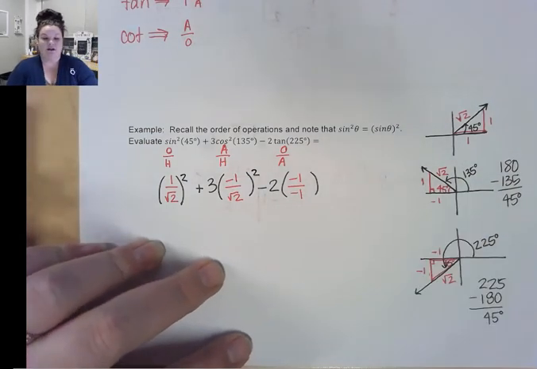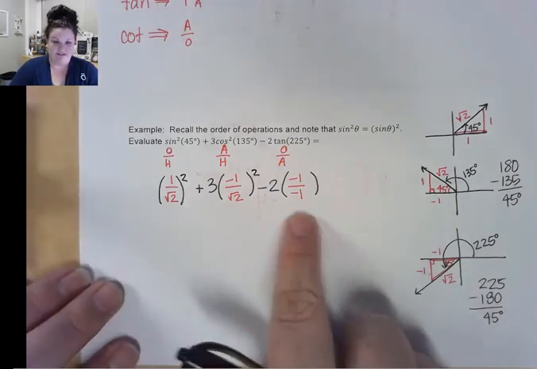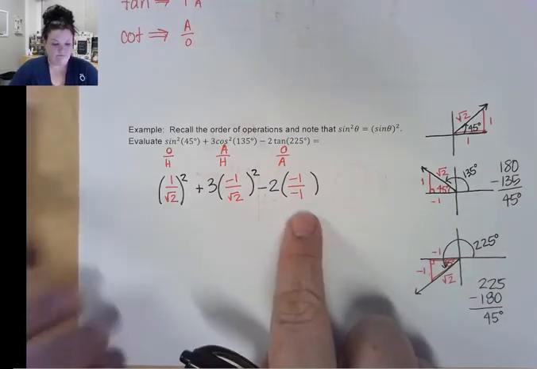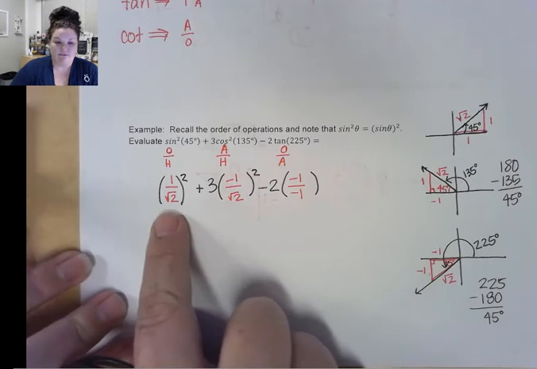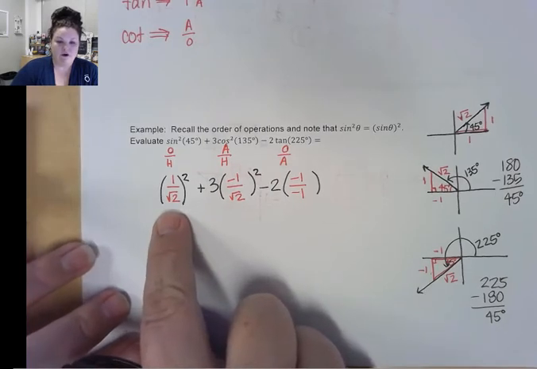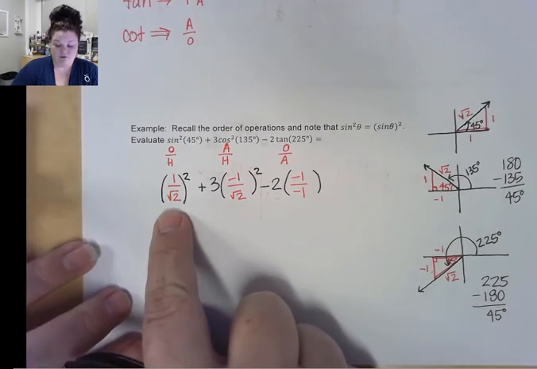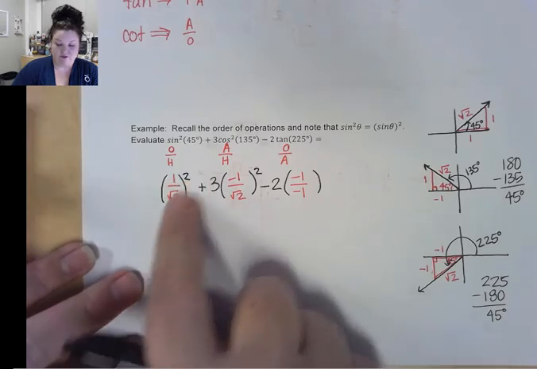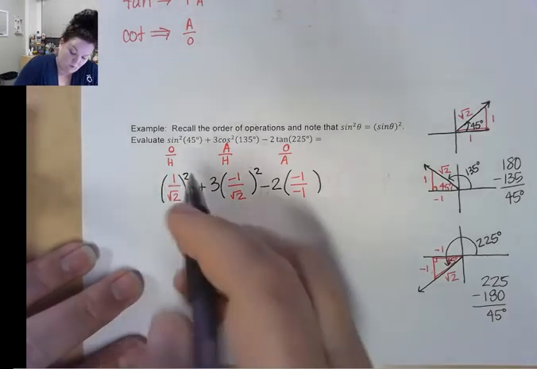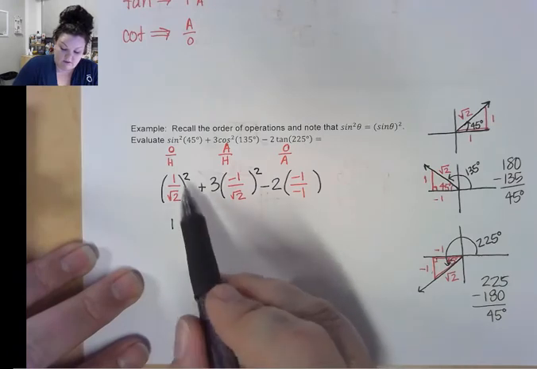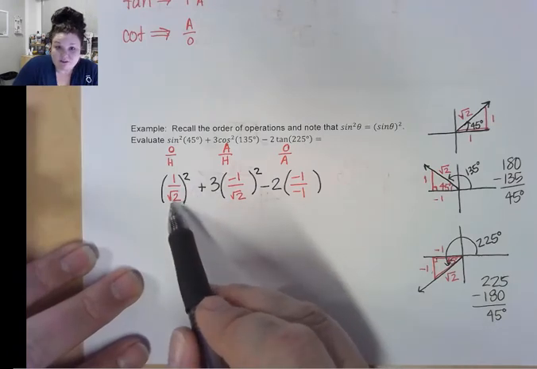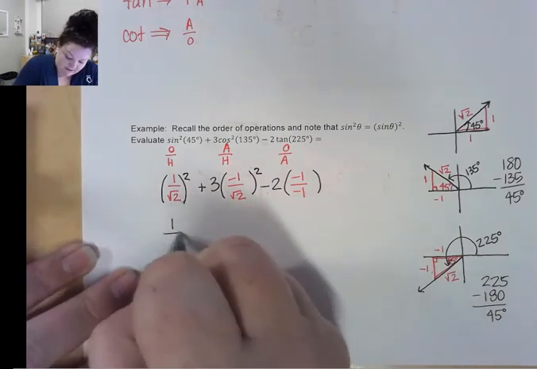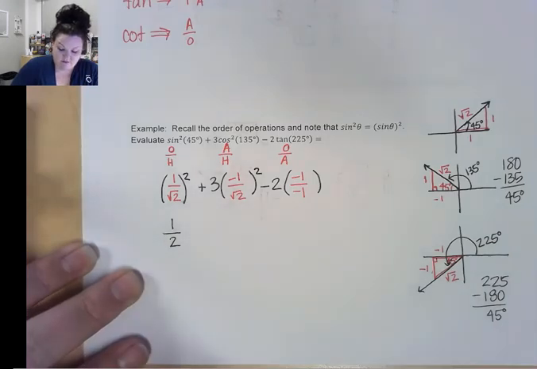Okay. So now that I've got it all filled in, I just have to simplify this. Excuse me. So I'm going to square 1 over square root of 2. Now, when you square a fraction, you square the top and you square the bottom. So when I square 1, I still get 1. When I square a square root, that cancels. So that just ends up being 1/2, right?